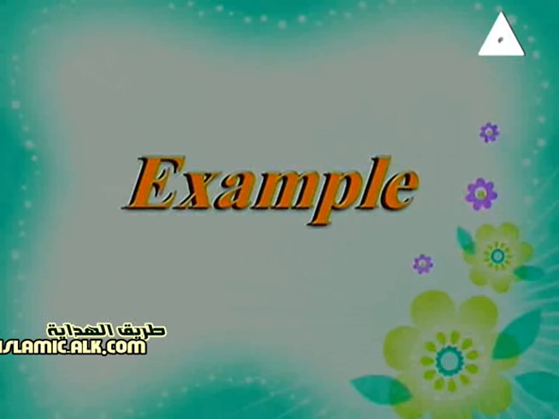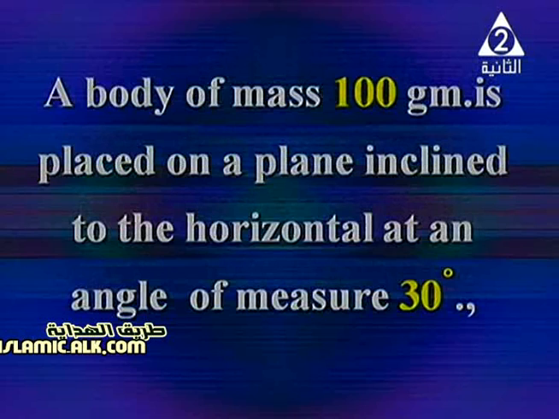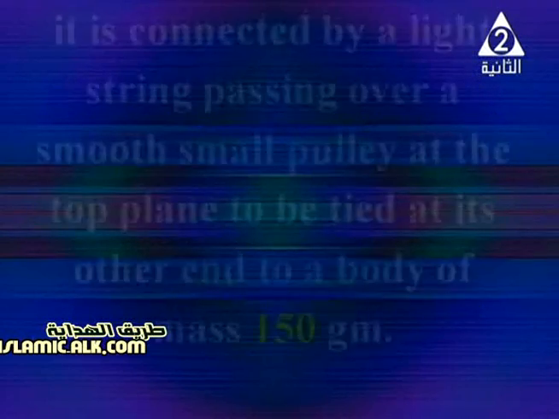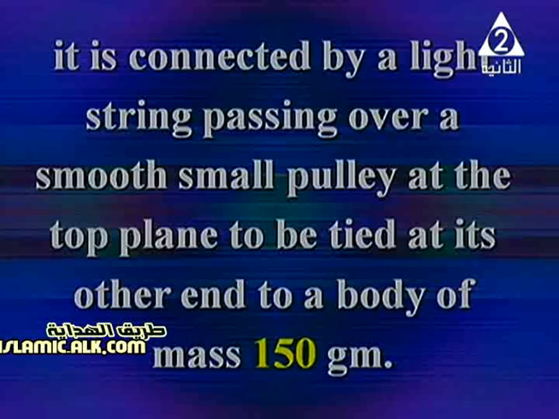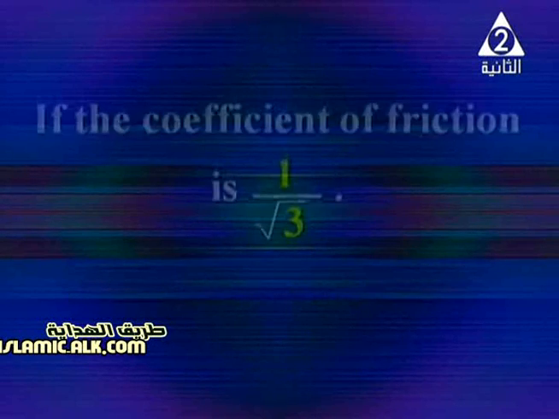Now we move to another example. A body of mass 100 gram is placed on a plane inclined to the horizontal at an angle of measure 30 degrees. It's connected by a light string passing over a small pulley at the top of the plane, tied at each other's end to a body of mass 150 gram.